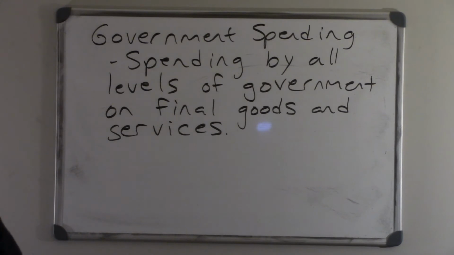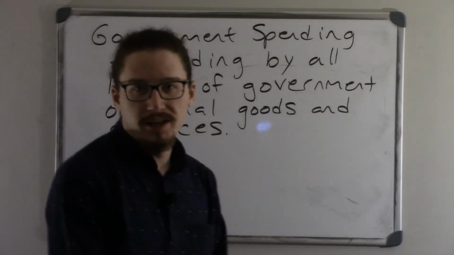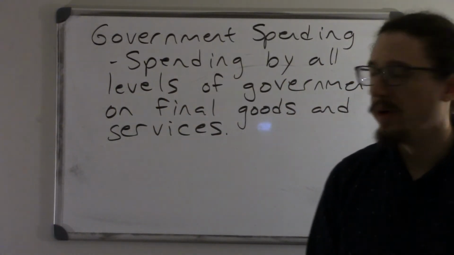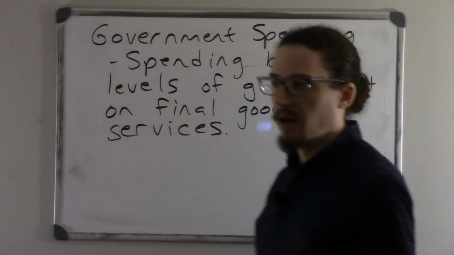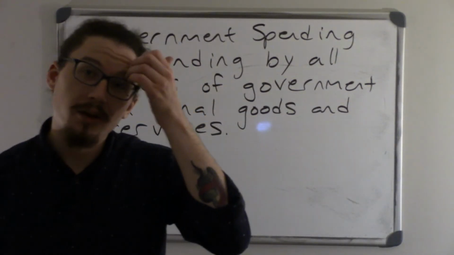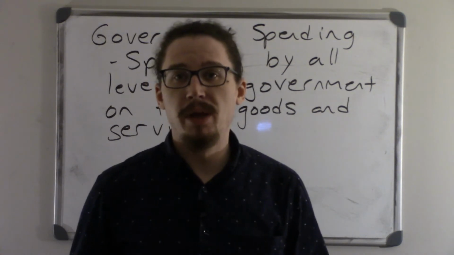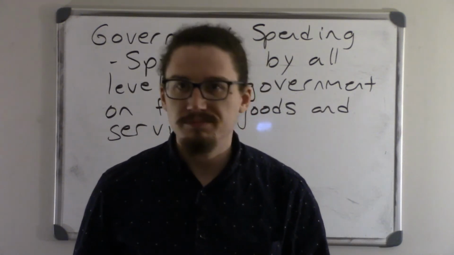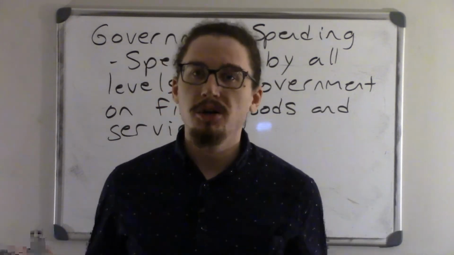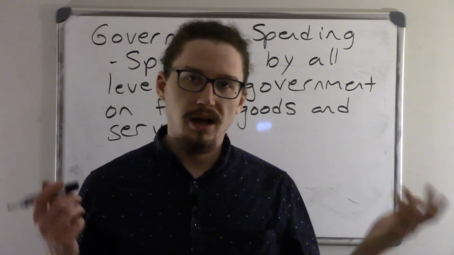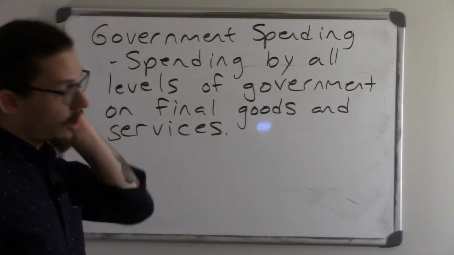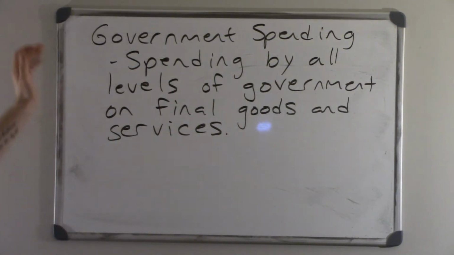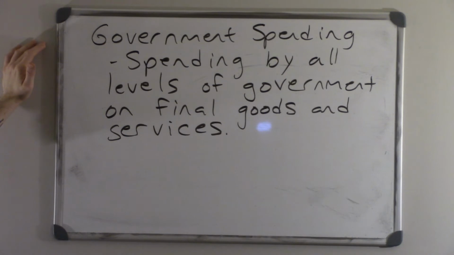When the government buys fighter jets or tanks, that's government spending. When the federal government does that, or when a state or county government pays to get roads repaved, redone, or a new bridge to be built, all of that kind of stuff, that is government spending. So spending by all levels of government on final goods and services.